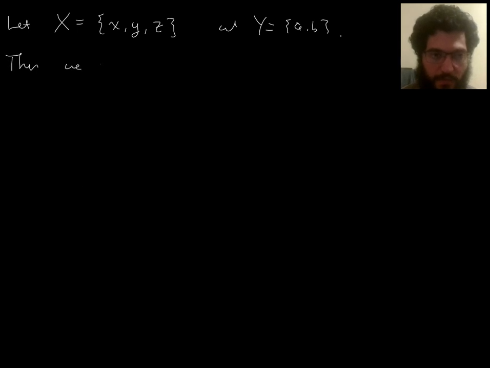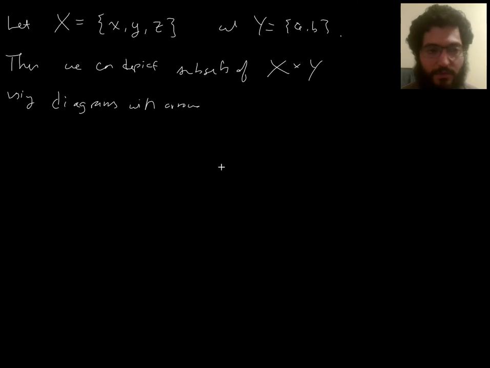Then we can depict subsets of this Cartesian product using diagrams with arrows. So how about this?